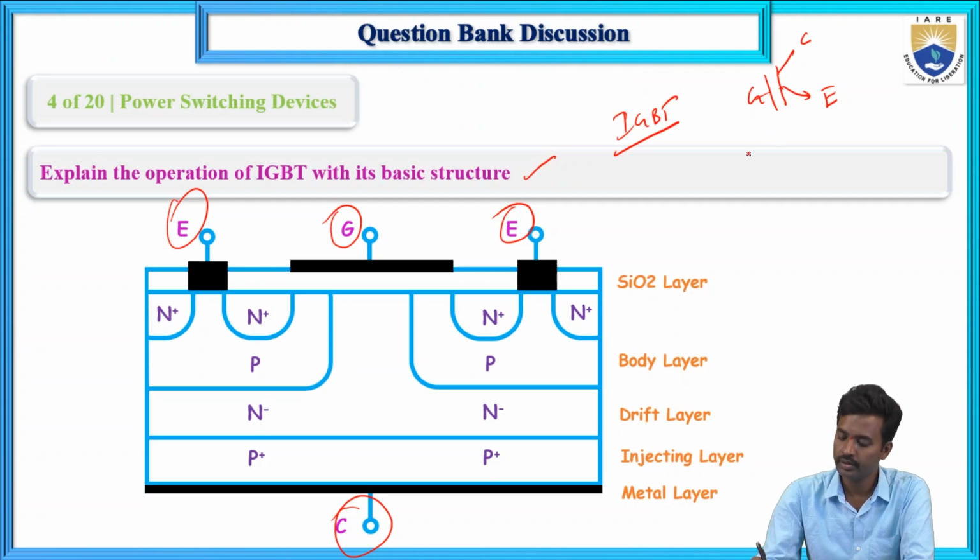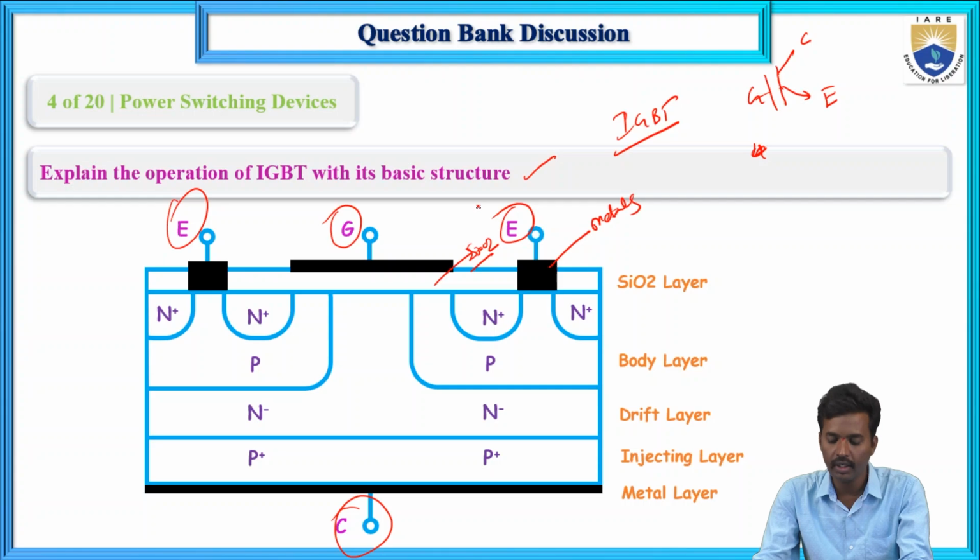How many layers? Four layers. First a P plus layer, then an N minus layer, again a P plus layer and again an N plus layer. These are the metals and this is a SiO2 layer. The gate is connected to the SiO2 layer, the emitter is connected to this metal and the collector is also connected to the metal.